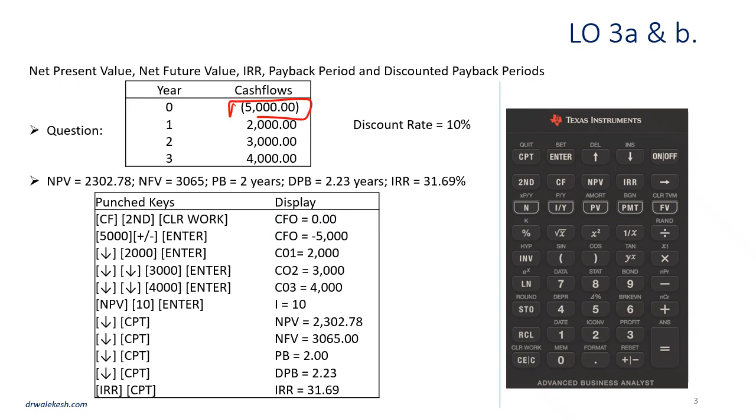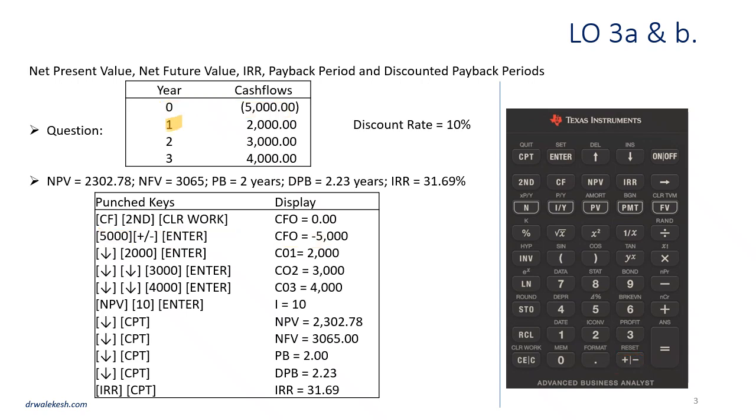Now let's get started with the first cash flow, an outflow obviously in year 0. So you will press 5,000. Because there's a negative sign in front of this 5,000, you will have to press plus or minus. Please do not forget enter, because if you forget enter, this number will not be locked in as your cash flow in year 0.